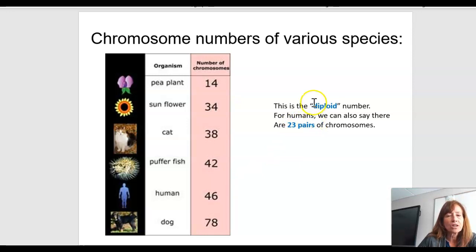And that condition is called diploid. So we're going to look at these terms again. But notice the difference here. So a dog has more chromosomes than we do. And also notice that all of these numbers are even, because we're looking at pairs, or that these form pairs with another chromosome. And I'll show you that.